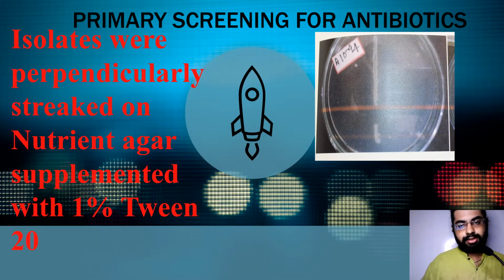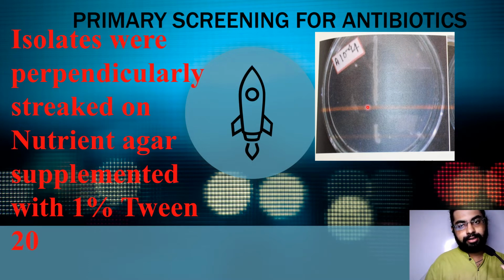So as you can see in this picture, primary screening for antibiotics. The isolate, which is the microorganism, was perpendicularly streaked on a nutrient agar plate which is supplemented with 1% Tween 20.